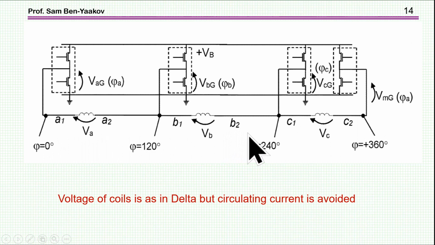So in this case we have voltages which are like in the delta connection, because again I'm feeding here this voltage between these 2 half bridges which are shifted by 120 degrees, but I don't have a hard wire connection between these 2 ends. So actually it's an open winding configuration.